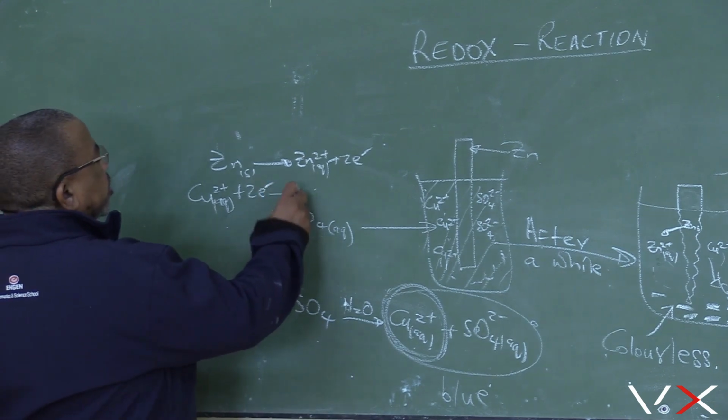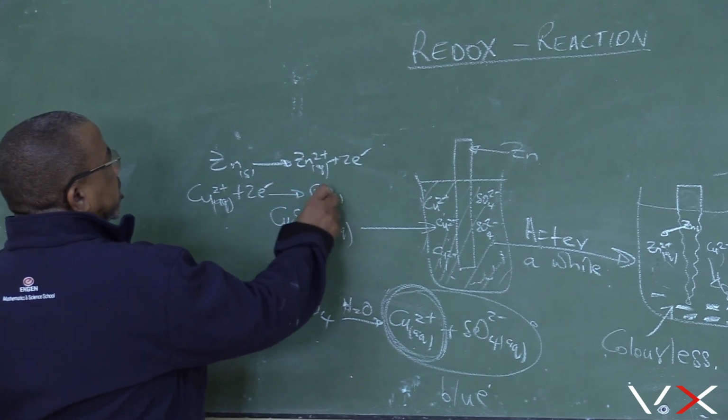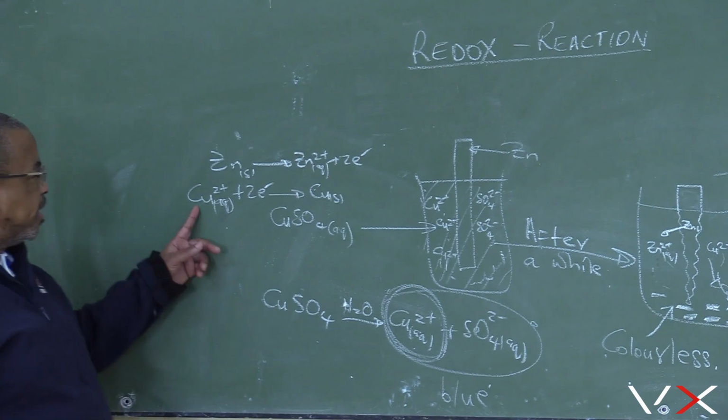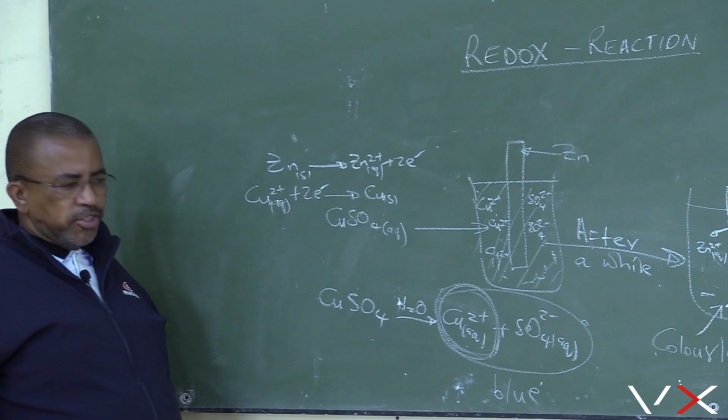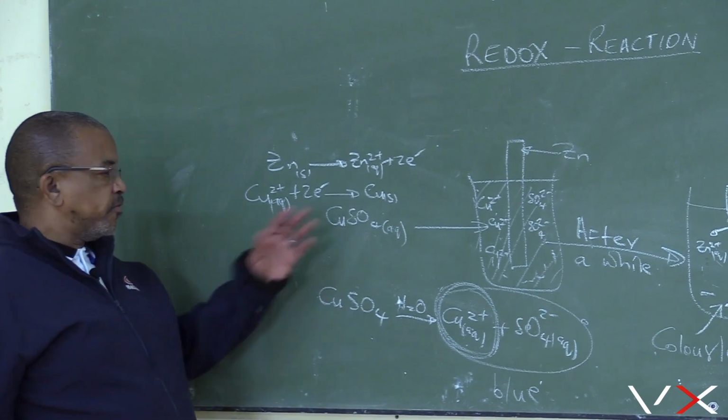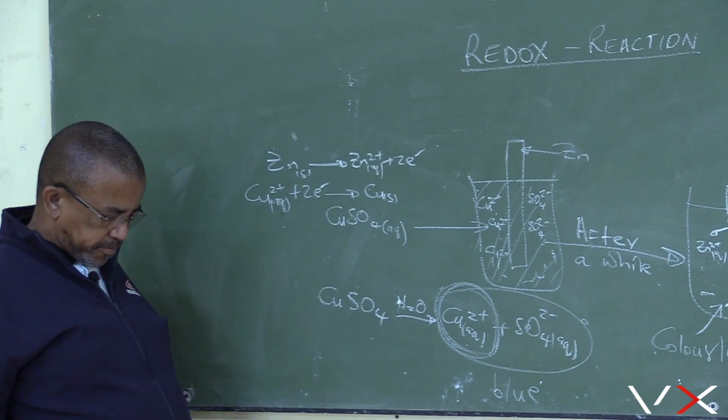As it gains electrons, it forms copper solid. So copper undergoes reduction while zinc undergoes oxidation. So we have something of this nature.